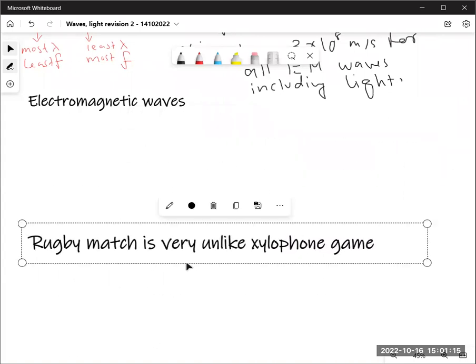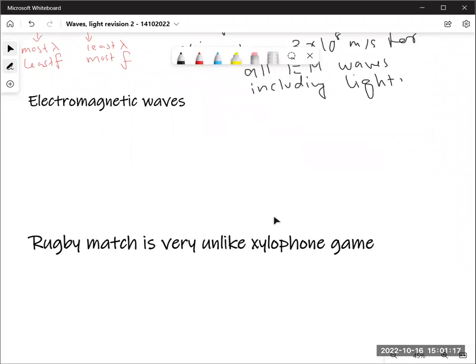You should not forget about it. Now I'll show you the actual diagram in a second. Electromagnetic waves and the spectrum of waves. We're doing spectrum of EM waves.